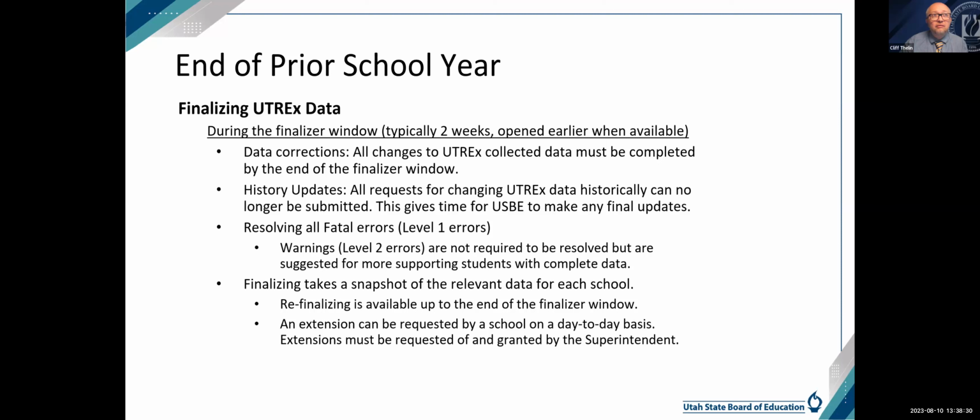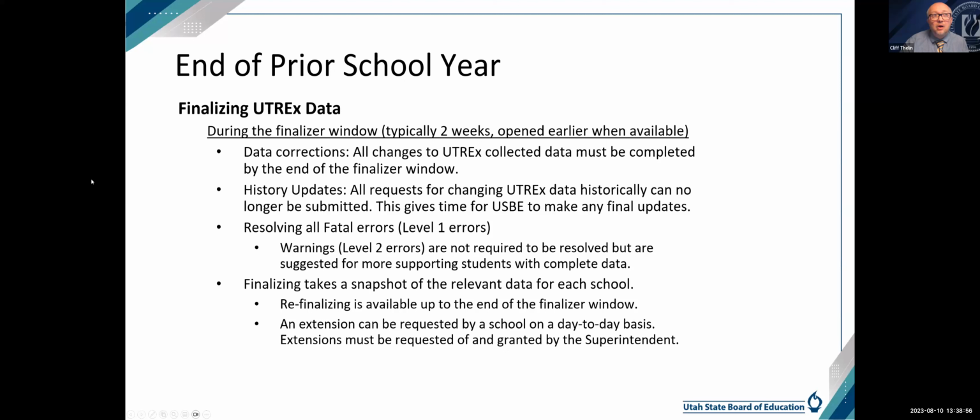But the finalizing period is where things are held accountable, and they have to be corrected. If they are not corrected, then there's the inability to finalize the data or have it accepted by the state, and we have to work with you on it to get it to that point.